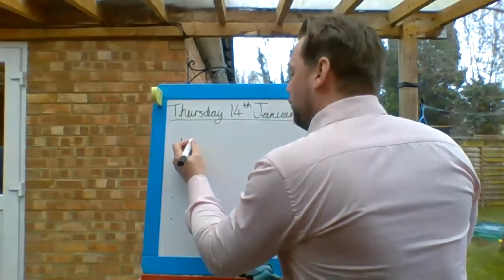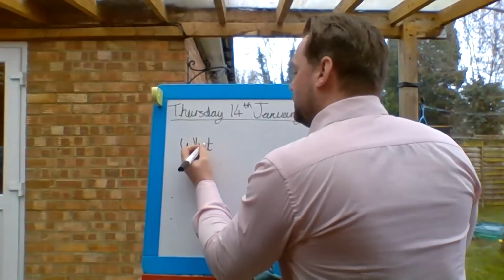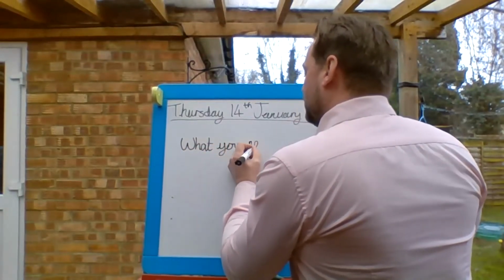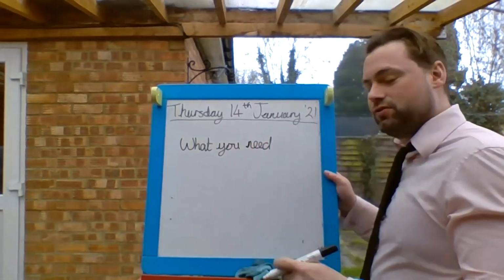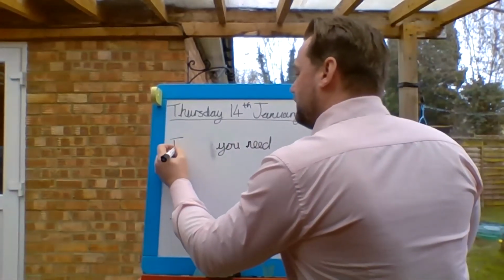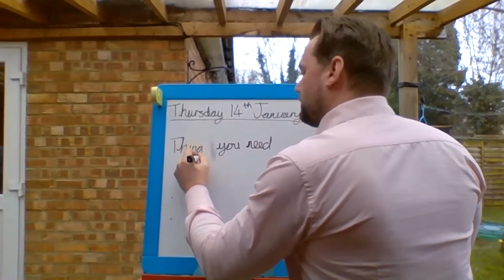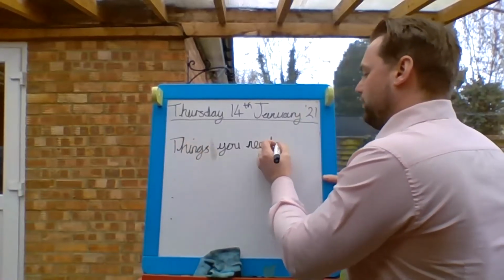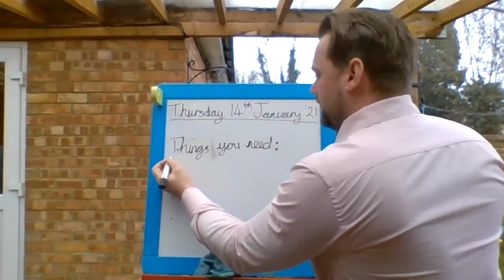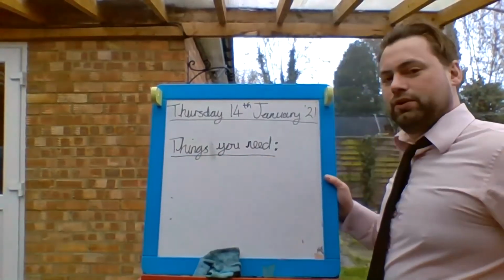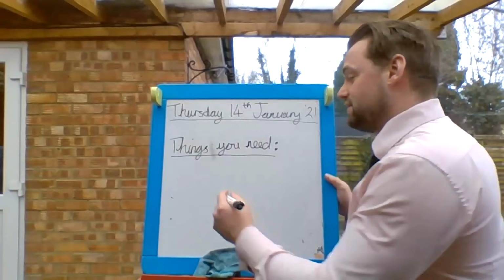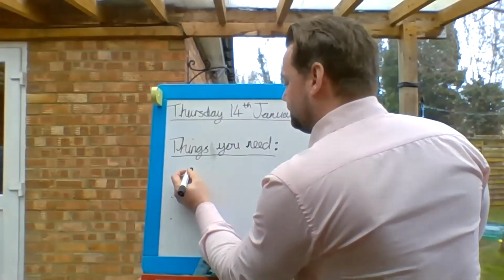So it could be things you need, which may be better. We can put a colon there if we want to, or we can underline. It's up to you what you do. We're going to use bullet points for our list of things that we need to escape our home.